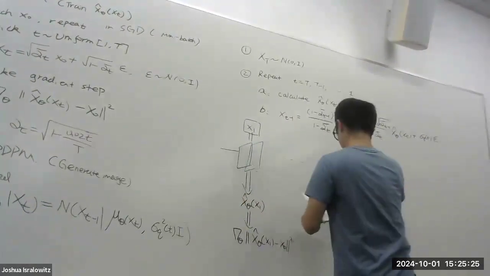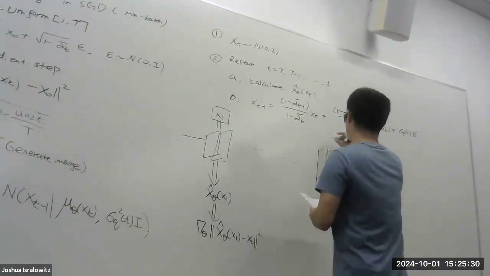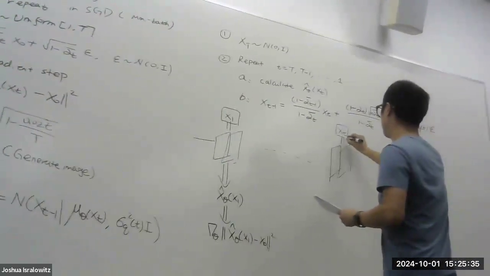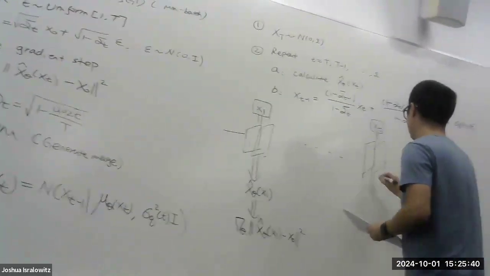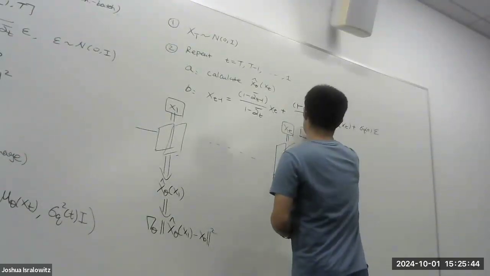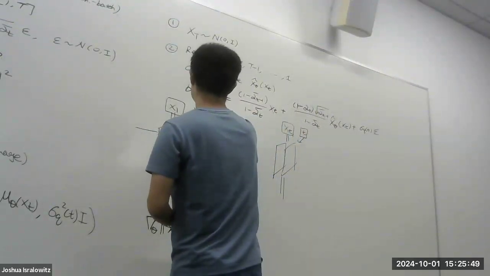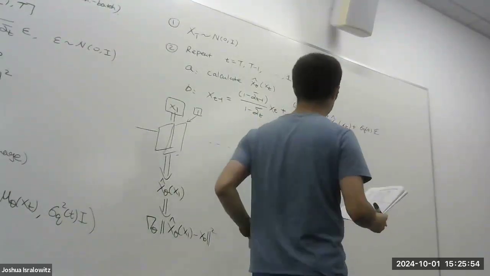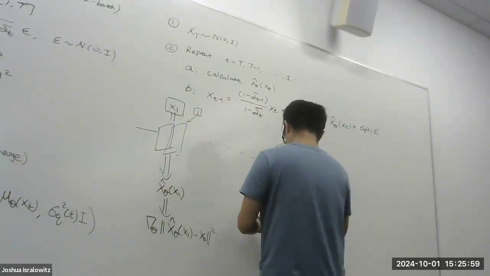And you can do this for all t. So this is all the same neural network. The input will be xt and also the time t. So basically you need to tell the neural network which time step we are at. This is very important, otherwise it won't train well.